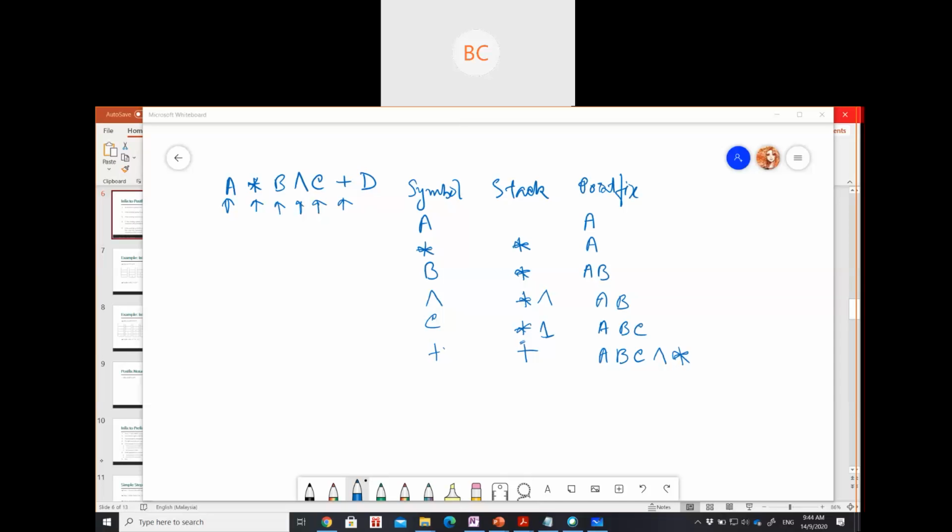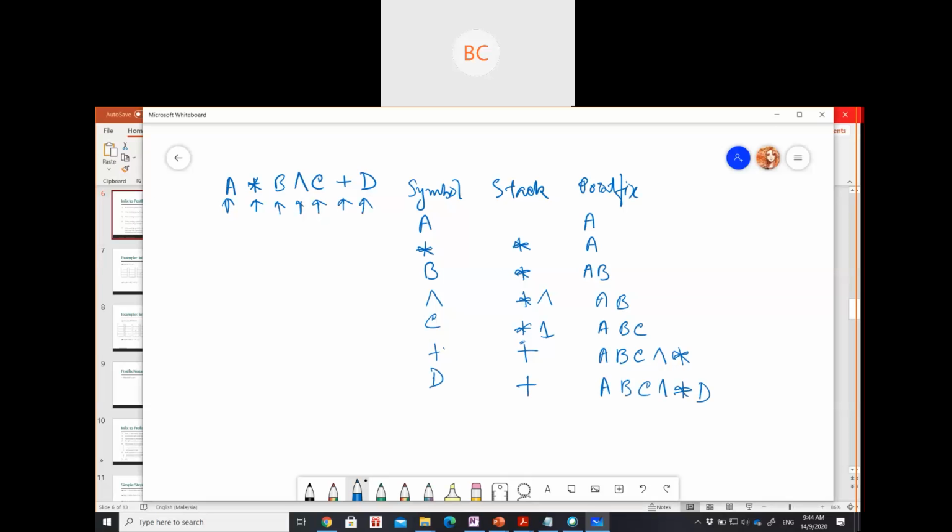So see here, the moment we scan a plus symbol, addition, you will check what is inside your stack. Now both multiplication and exponential have higher precedence. So we'll simply pop out these symbols and put them in your postfix notation, and you will push this plus symbol inside your stack. So next move, again, you have a D. So you will keep it as it is, and you will put it inside your postfix notation.